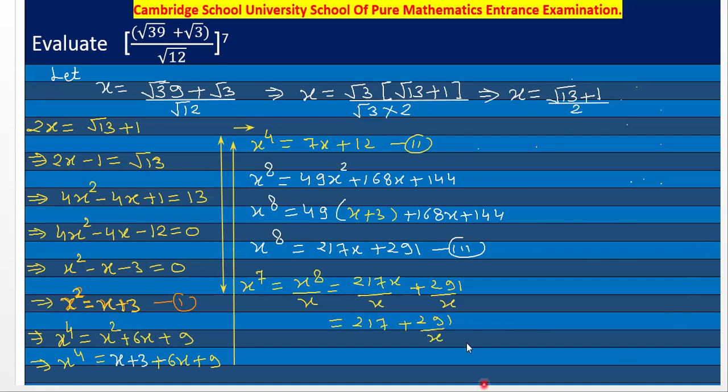Here is the problem. We need the value of 1 upon x. And x is this, so taking the reciprocal on both sides, we have 1 upon x is equal to 2 upon square root of 13 plus 1. Now rationalizing the denominator, we multiply numerator and denominator by square root of 13 minus 1.